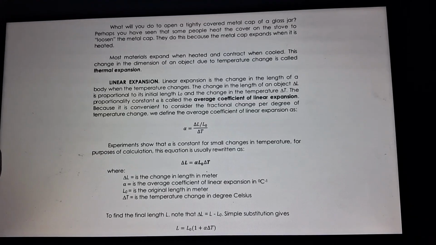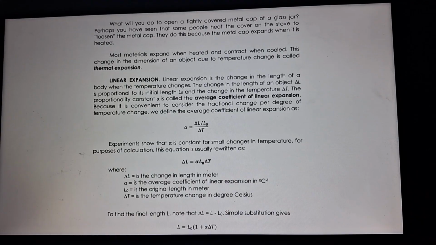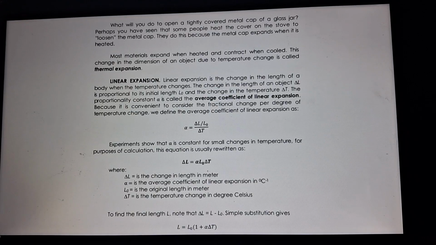So linear expansion is the change in the length of a body when the temperature changes. As you can see, ΔL is the change in length in meters and A is the average coefficient of linear expansion. The linear expansion formula is A is equal to ΔL over L0 ΔT.